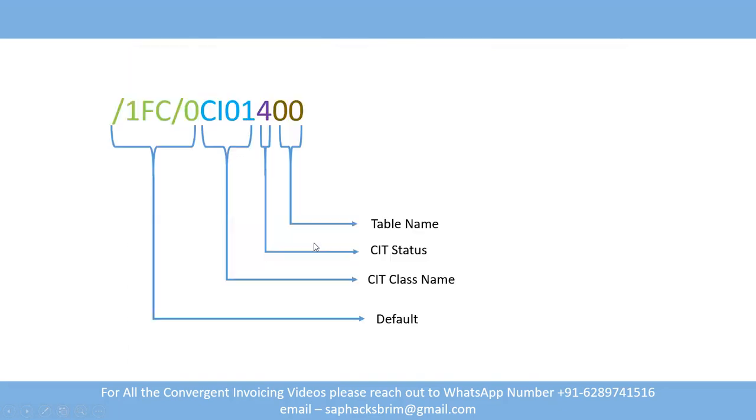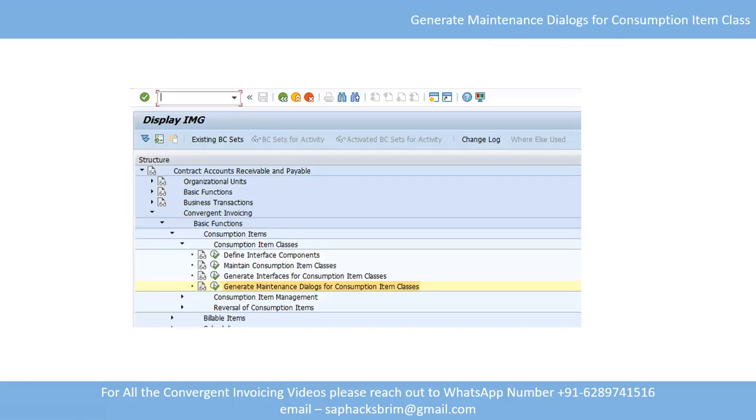Now proceeding further. Once your consumption item classes are activated, all the interface components are generated. Now we need to generate the maintenance dialogs for the consumption item classes. Just go to the same node, just after generate interface for the consumption item classes. Click on generate maintenance dialog for consumption item classes.